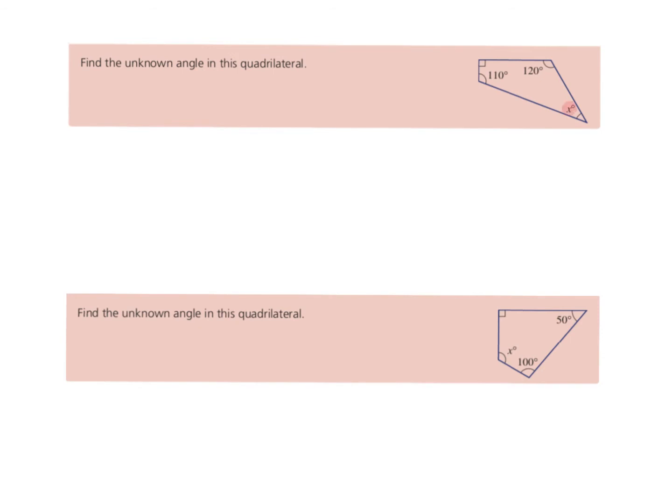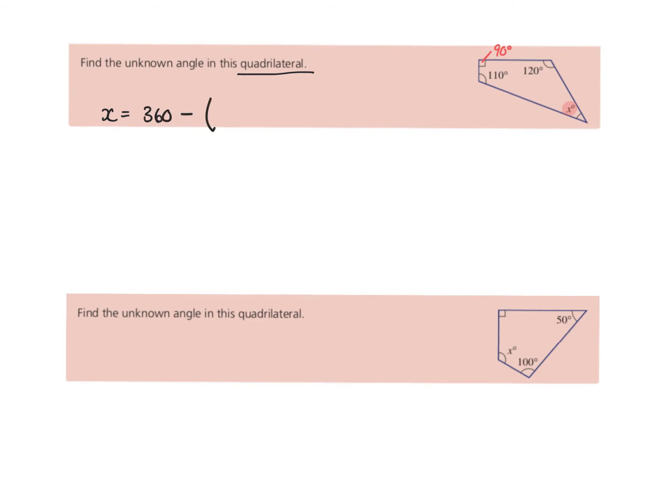So here is X. I know that this one is 90. Because it's a quadrilateral, they should all add up to 360, yeah? So X is going to equal 360 minus all the other ones.